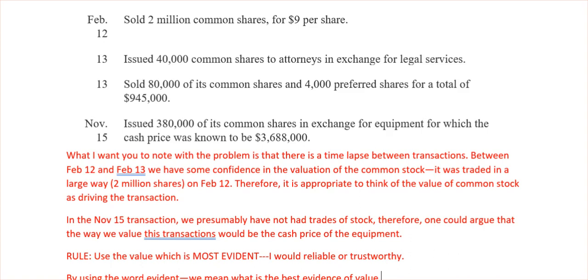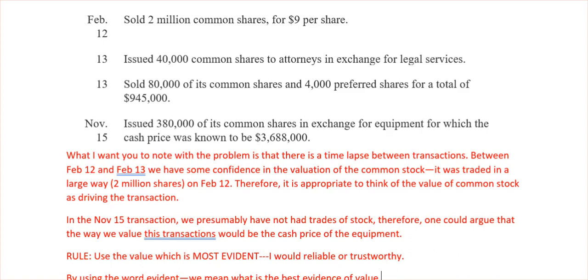So on November 15th, we are going to issue 380,000 common shares in exchange for equipment. Well, we don't know what's happened with the company. We don't know what's happened with the market. And we have no indication of value for the market. And as I said previously, what seems to be saying here in the problem is that it's not being traded. It hasn't traded since February 13th.